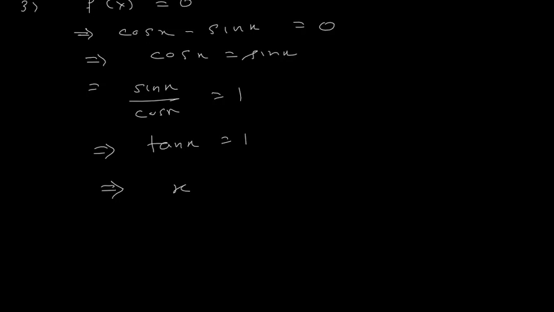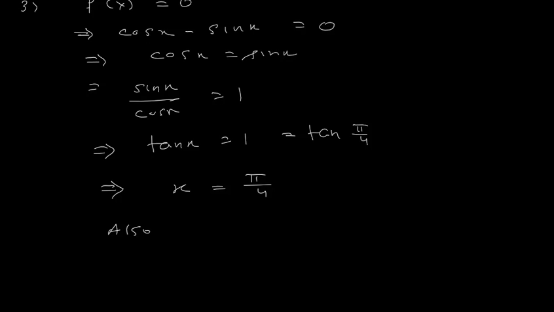What will be the different values of x? The value of x is pi by 4. Here tan x equal to 1, and we know that tan pi by 4 is equal to 1. So I can write this as tan pi by 4, which gives me x equal to pi upon 4. Also, the value of tan is positive in the first quadrant and third quadrant.